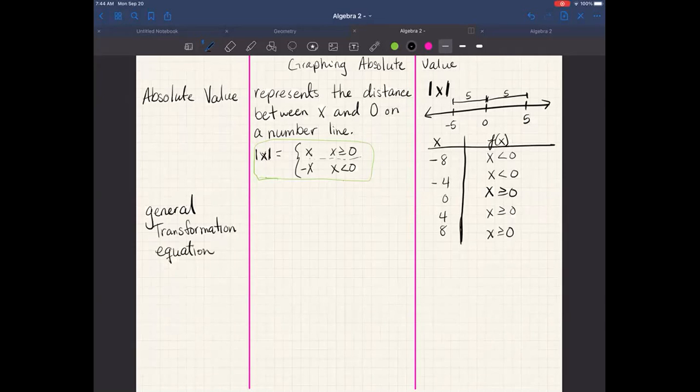So the general equation is g of x equals a absolute value of 1 over b x minus h plus k. Okay, so now I'm going to rewrite down here.